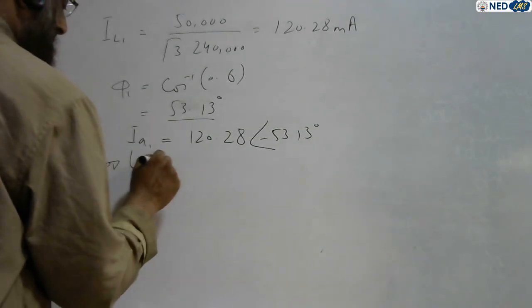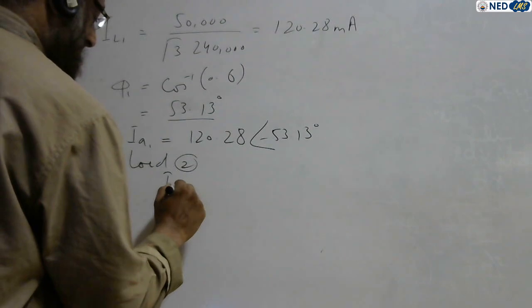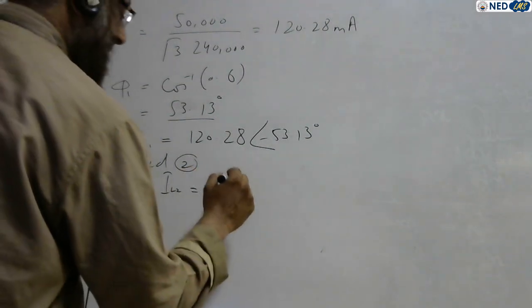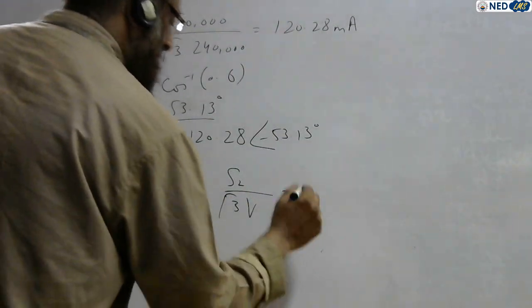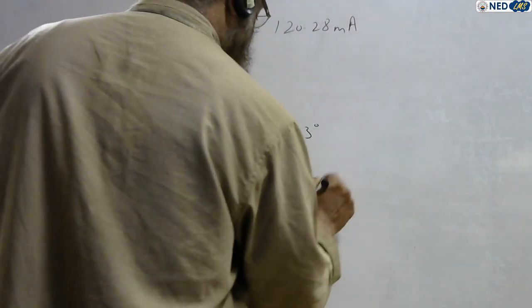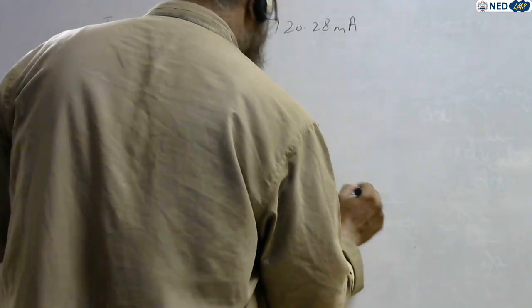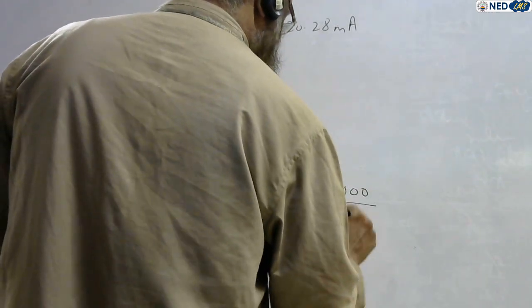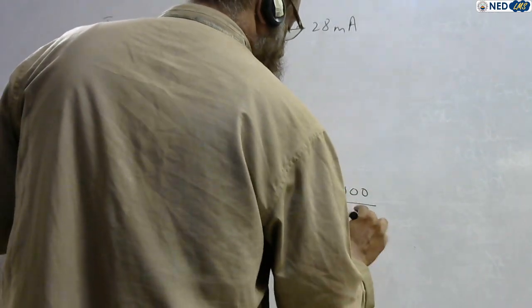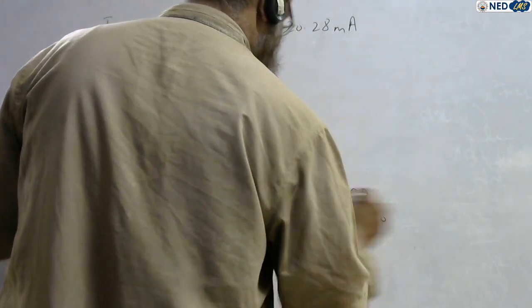Similarly for load 2, the line current drawn by load 2 is S2 over root 3 times V. S2 was 75 kilovolt-amperes, so 75,000 over root 3 times 240 kV.